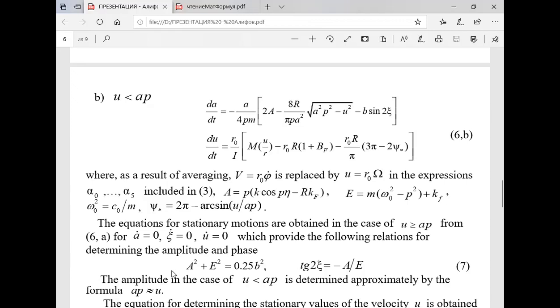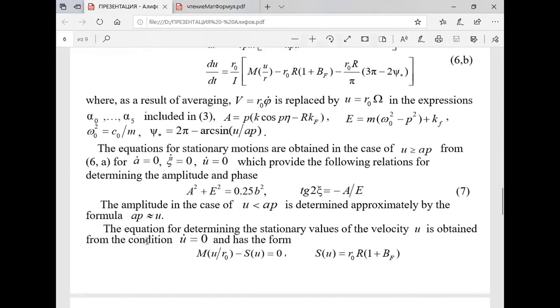A super 2 plus E super 2 is equal B super 2 over 4. Tangent of C is equal minus A over E.